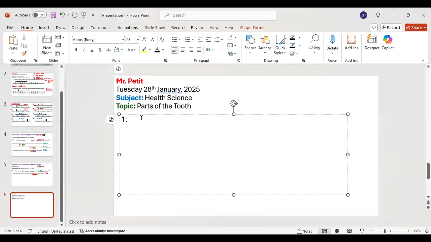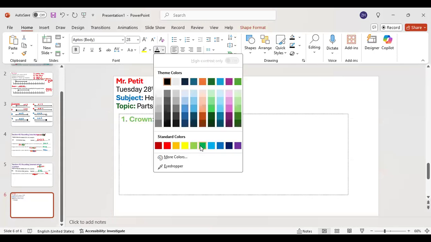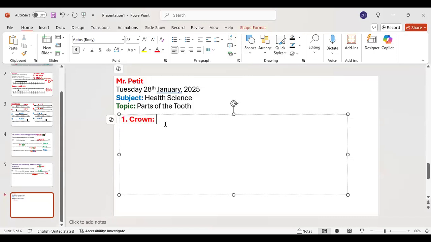Now we're going to be looking at the parts of the tooth. So the first part is the crown. The crown is the part of the tooth above the gum.